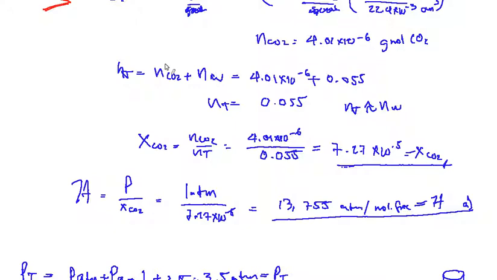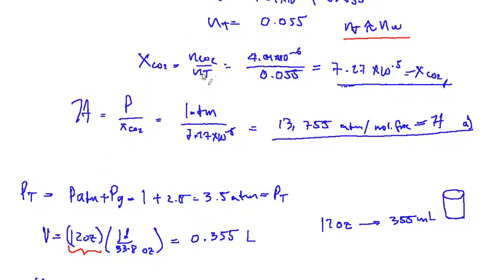Total amount of moles, it's obvious that it's the amount of CO2 plus the amount of water. The amount of CO2 actually is so small that you can say it does not exist, so you can assume this. If I were your teacher, I wouldn't be mad. And yeah, the mole fraction by definition is moles of CO2 over moles of the total mixture.